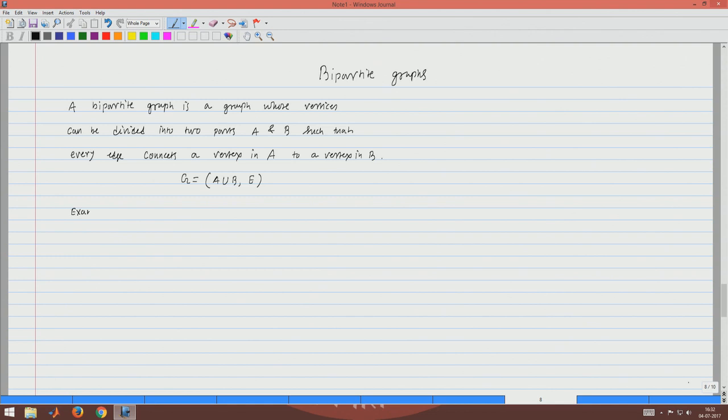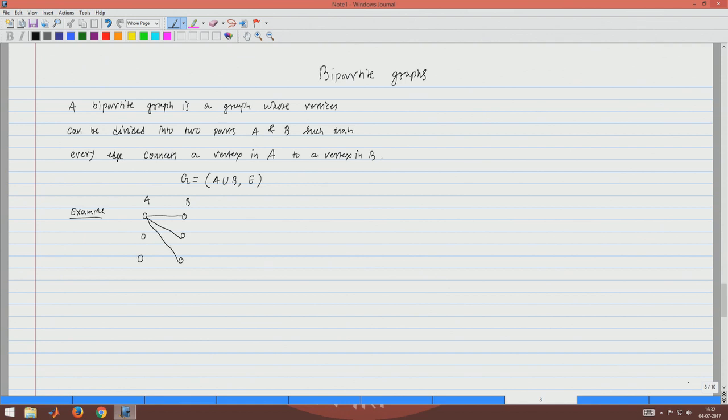Example, let me draw some bipartite graphs. This is one bipartite graph, and this is the part A and this is the part B, and these are the edges.